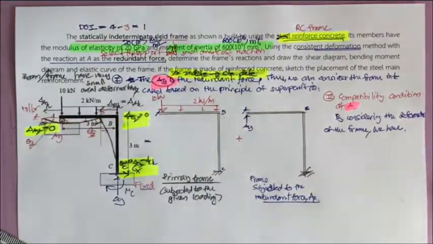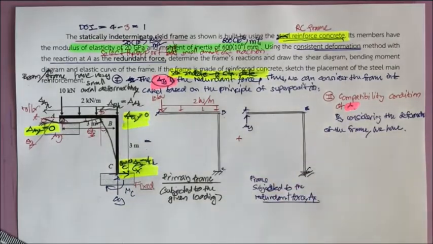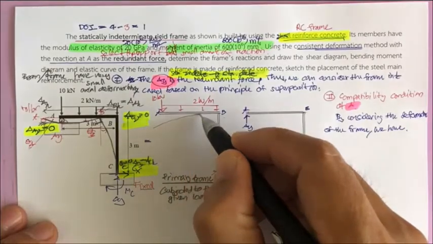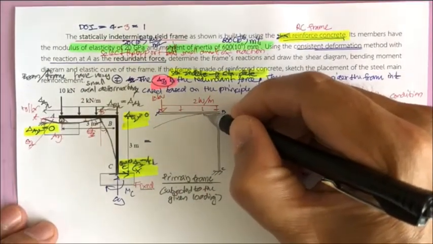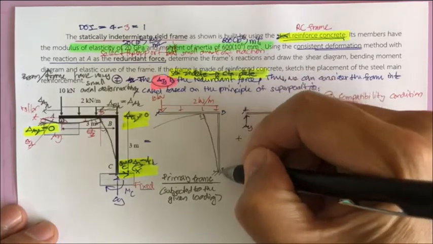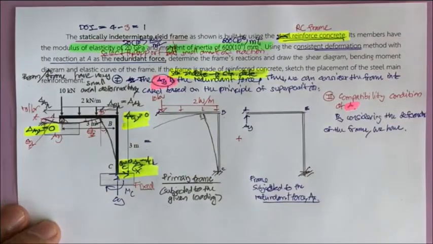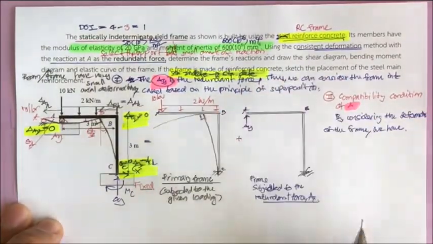Okay, and what else? The primary frame. The primary frame is subjected to this kind of force, and I believe it is going to move like this. And since this is the rigid joint, it's going to keep this one as the right angle, and this is fixed.